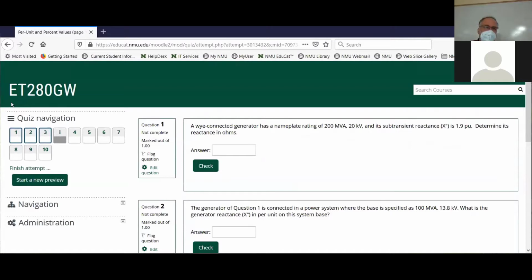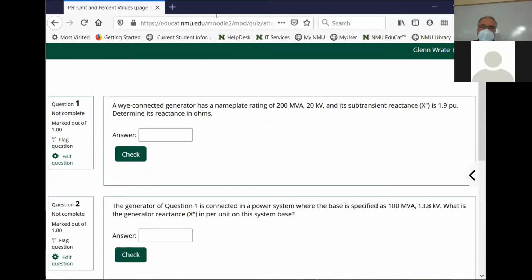Here's the nameplate of the generator, the reactance, and per unit. You have to figure that out in ohms. Now, did we do that today? Yeah. All right.